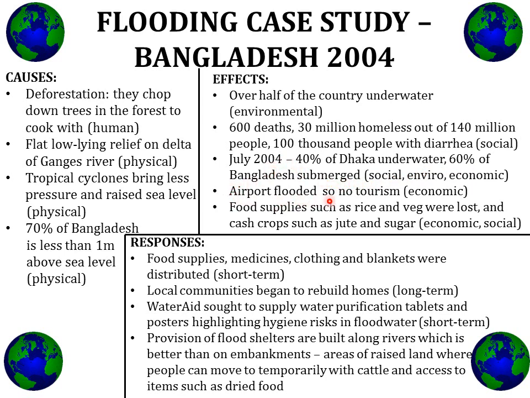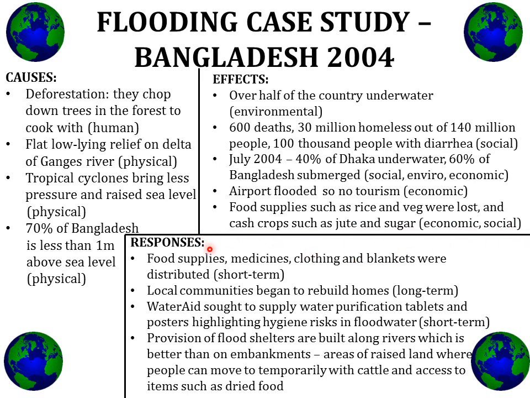The airport flooded, so there was no tourism, which impacts the economy as tourism is one of Bangladesh's main income sources. And food supplies such as rice and vegetables were lost, and cash crops such as jute and sugar were destroyed.